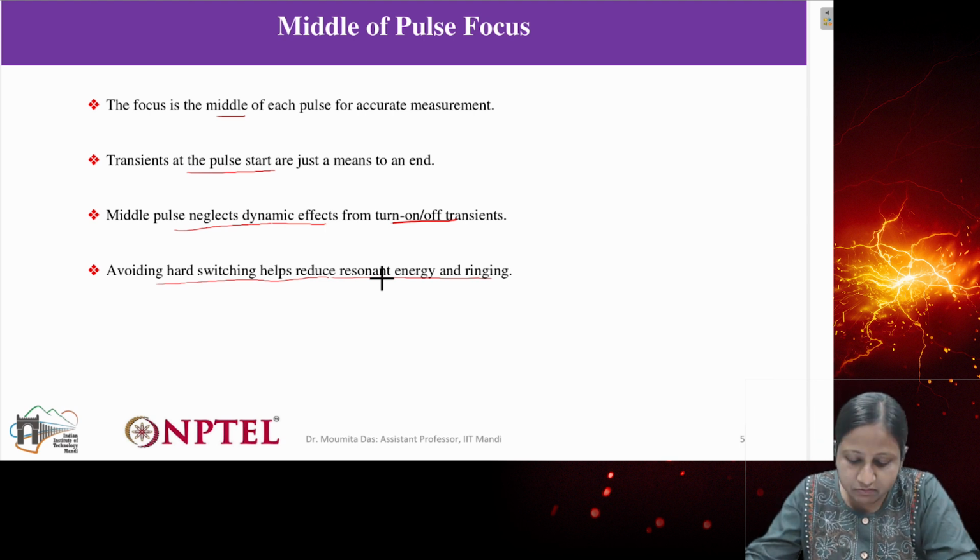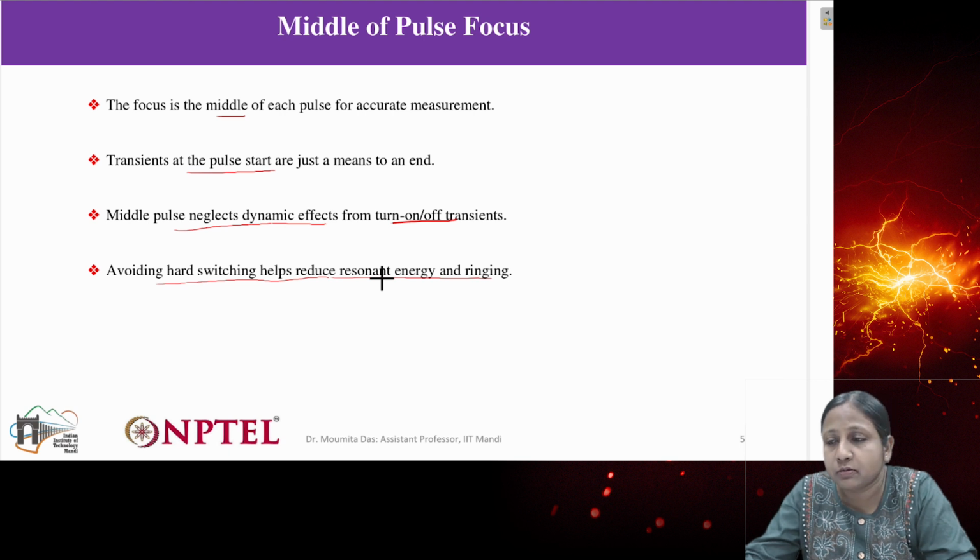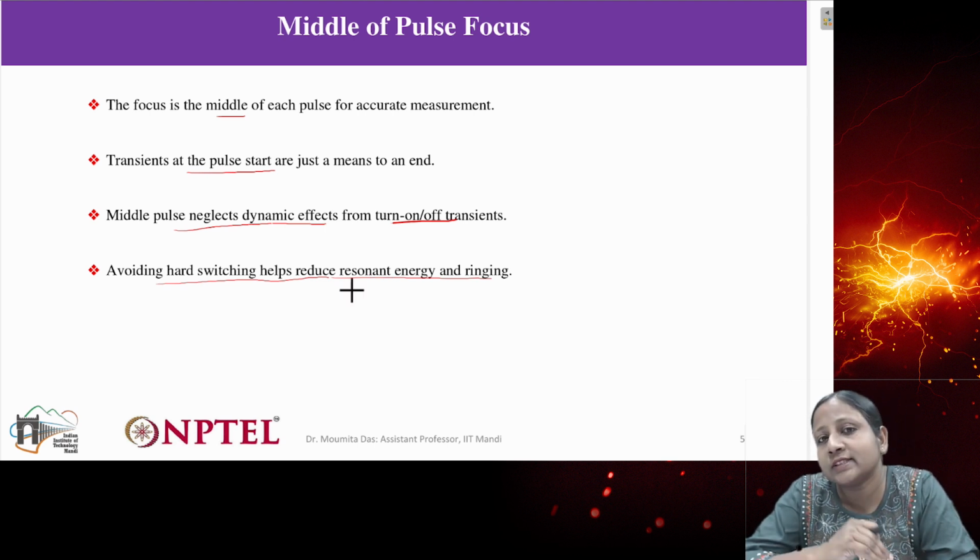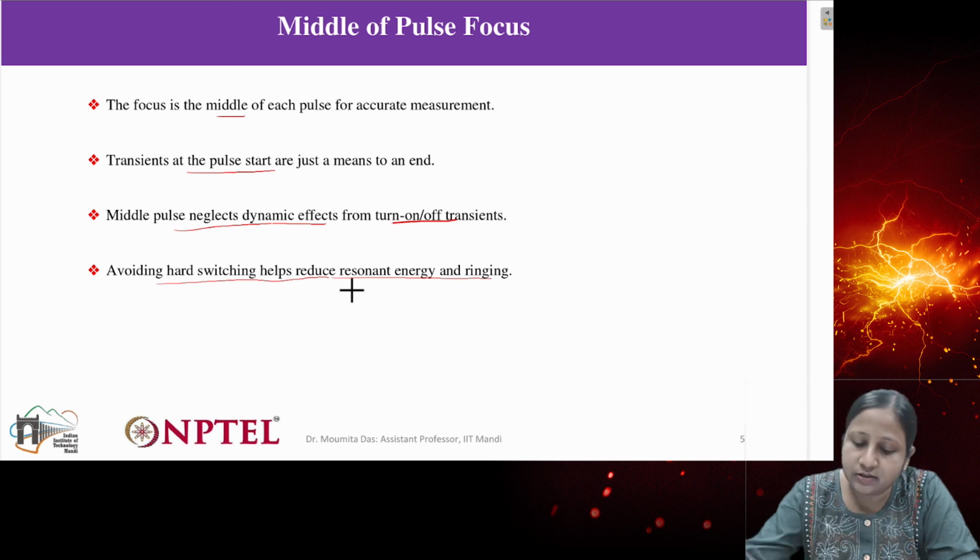So if it is possible, avoid the hard switching by introducing soft switching, or by providing the pulses such that the current automatically goes to zero. Then this resonating energy will not be there, the oscillation at the beginning will be much less, and reaching the steady state situation will be much easier.